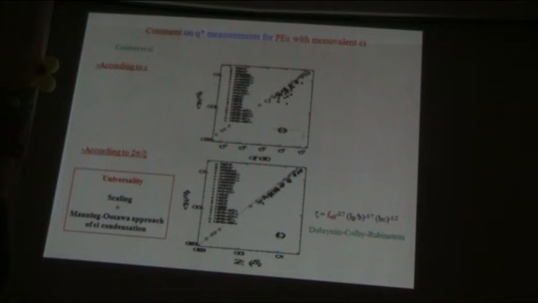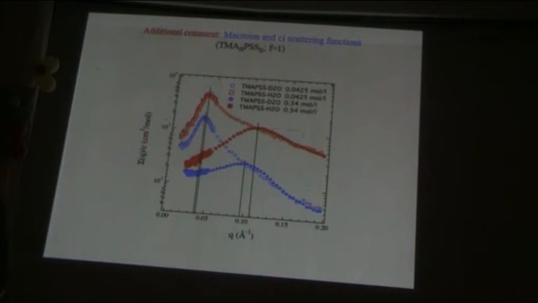Why? You could understand that, first, the form factors can have some influence on the position of the peak that you obtain from the total scattering functions. For example, here we have performed different experiments, and for the sample here, you have counterions which are hydrogenated and the macroion which is deuterated.